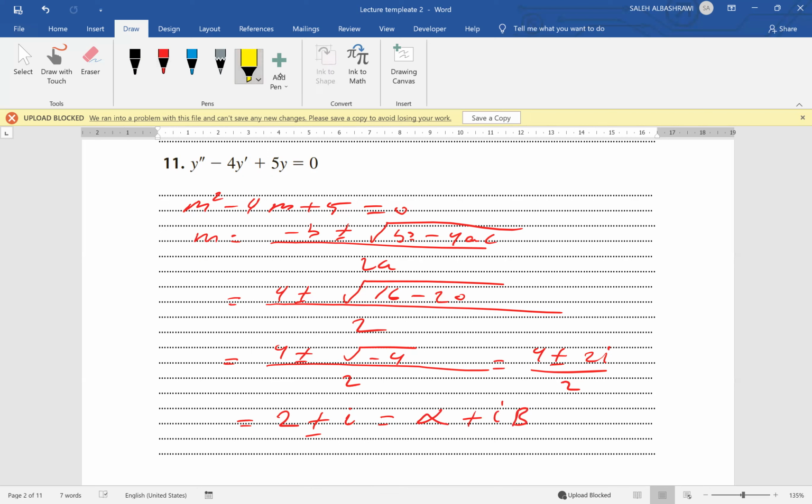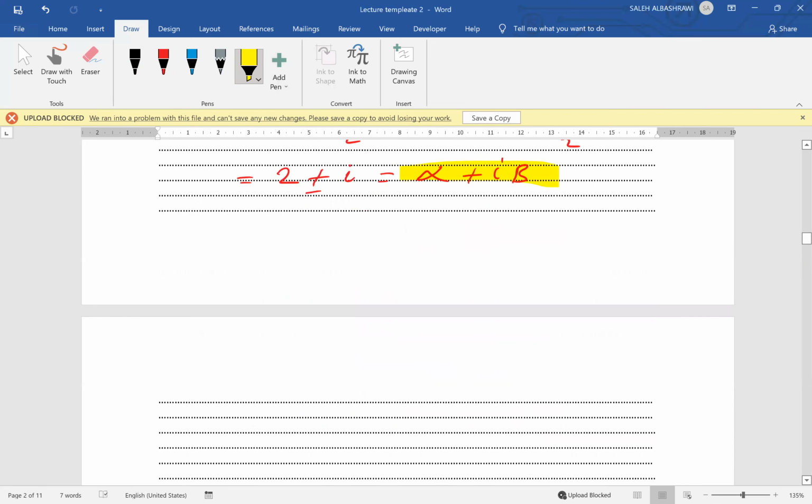I need to write it in this form because of the general solution when we have complex roots. So let me say that alpha is equal to 2 and beta equal to 1, the coefficient of i. I just need to take alpha and beta.